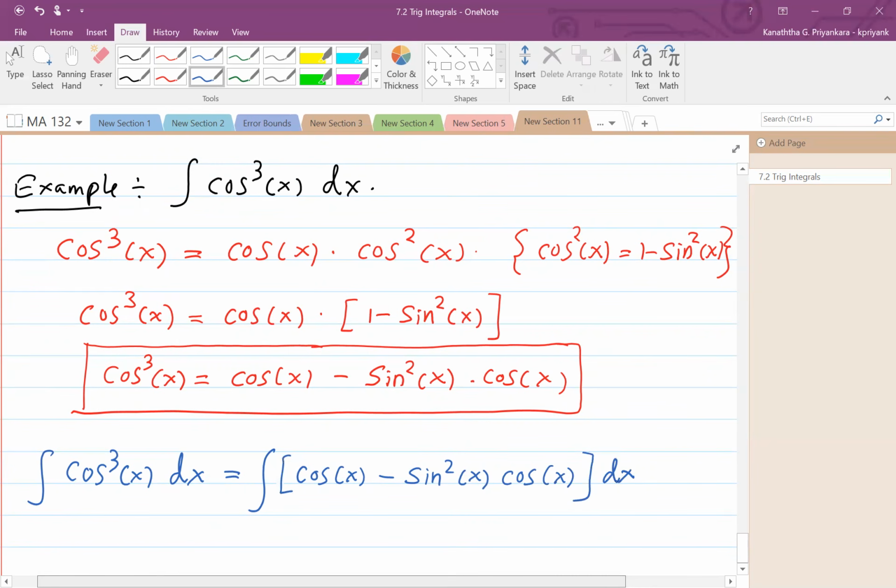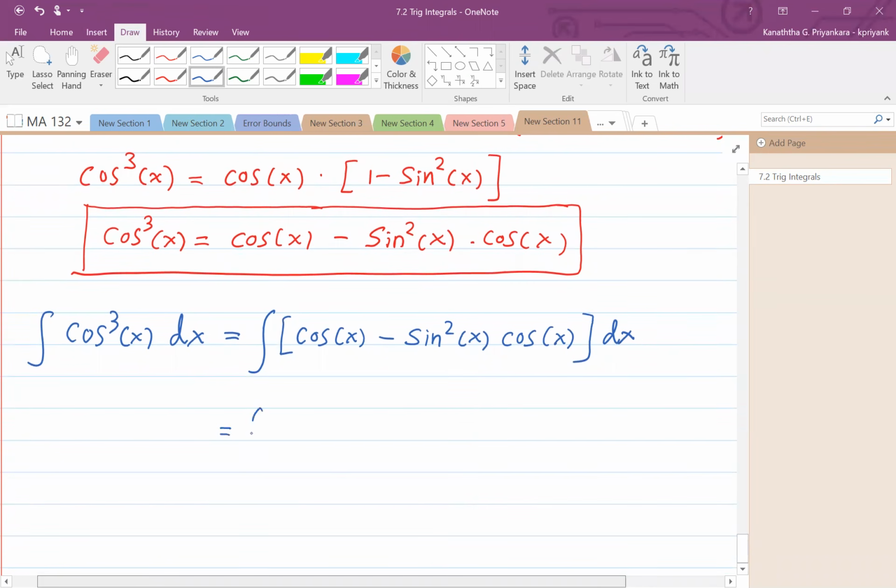Now I can distribute this integral into two. So I can write this as the integral of cosine x dx minus the integral of sine squared x cosine x dx. Again we have to use u sub for the second integral.